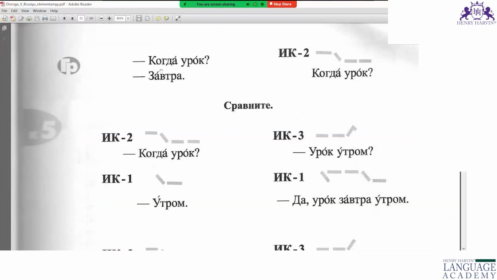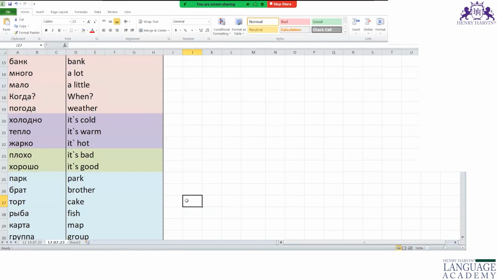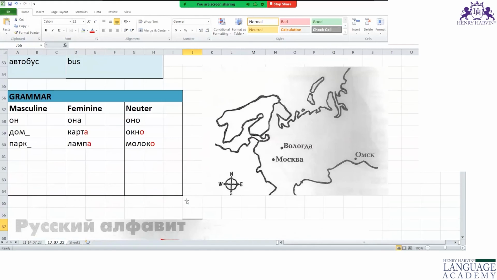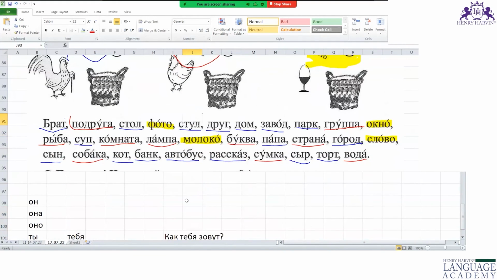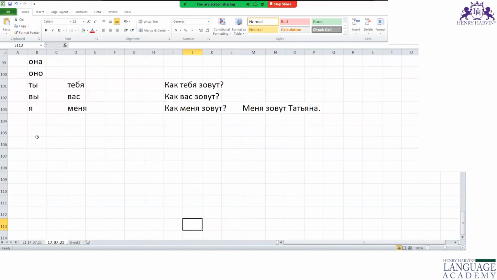And here we have the question word когда. Когда урок? Завтра. Завтра is tomorrow. Let's write down all the question words we had so far. So we had the question word, firstly, кто.